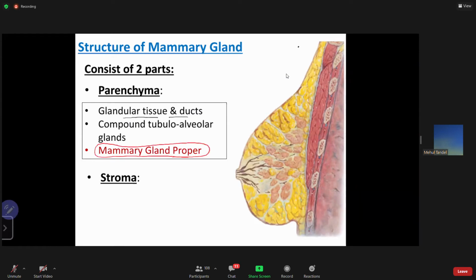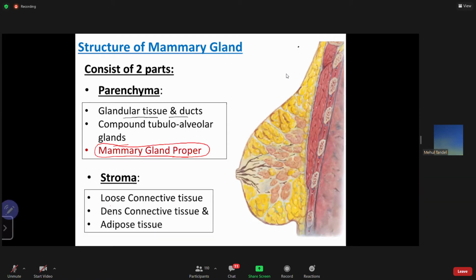Stroma contains mainly three types of tissue: loose areolar tissue, dense connective tissue, and adipose tissue. So that is the basic structure of the mammary gland, parenchyma and stroma.